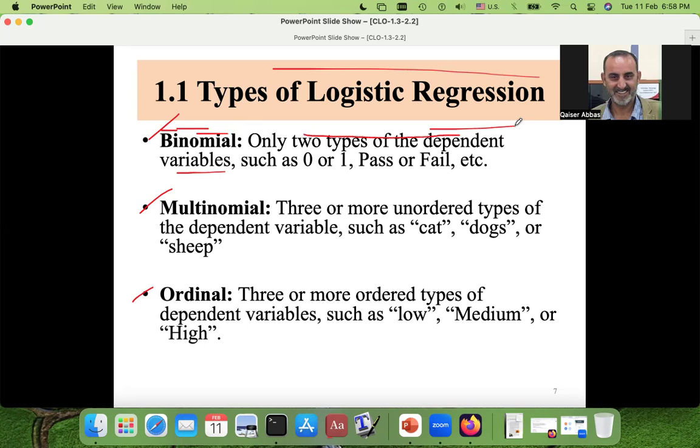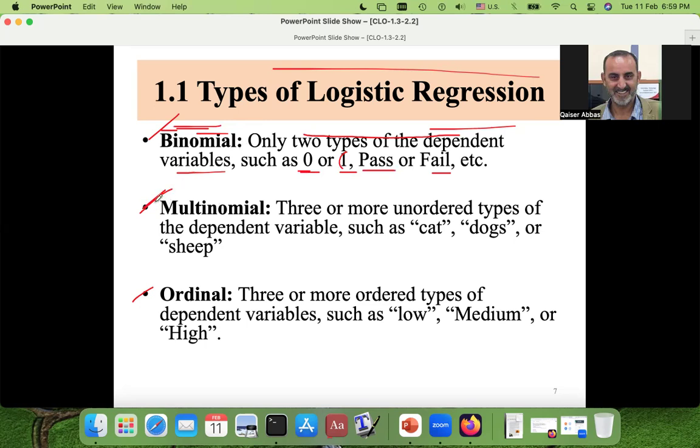Dependent is your output variable of the model. So when you do binary classification, that is called binomial. For example, you want to predict 0 or 1, or pass or fail. So this is binary.